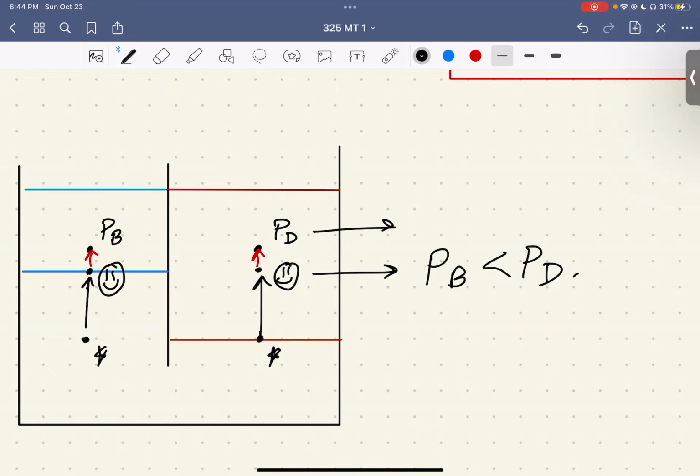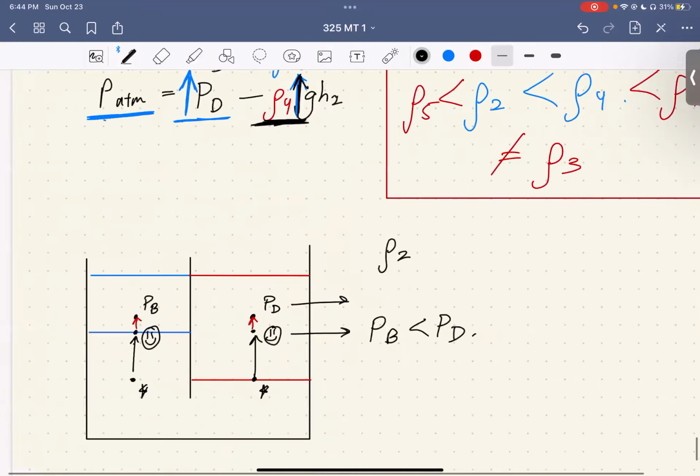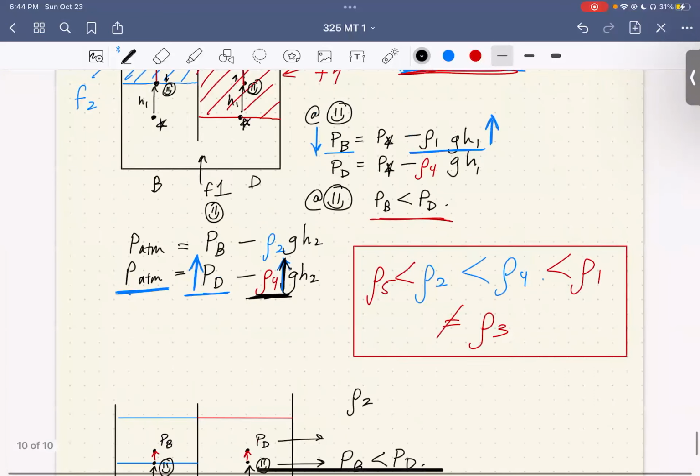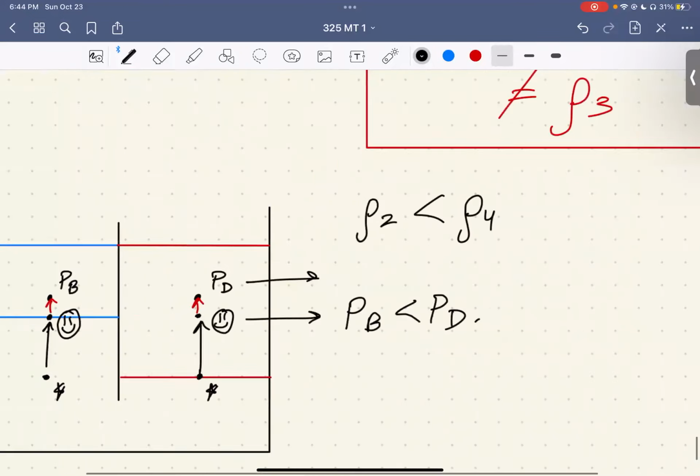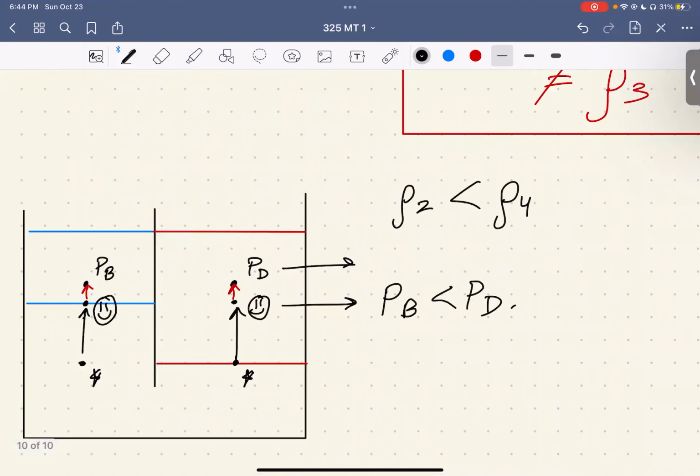Well, let's think about it. So we know rho 2 is less than rho 4, but we're traveling height, and we actually don't know what these actual values are. They could be really close, they could be really far. Although we know this inequality, we actually don't know the specific height and what these values are.